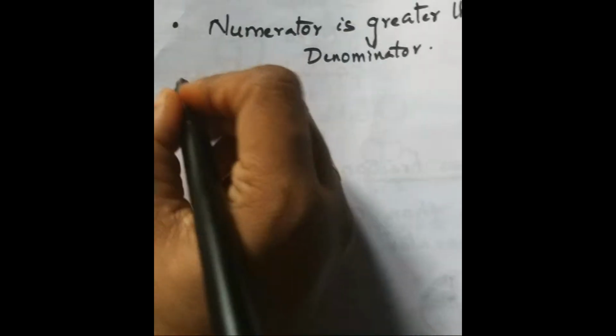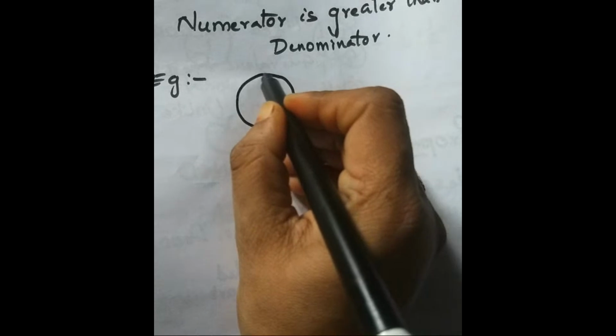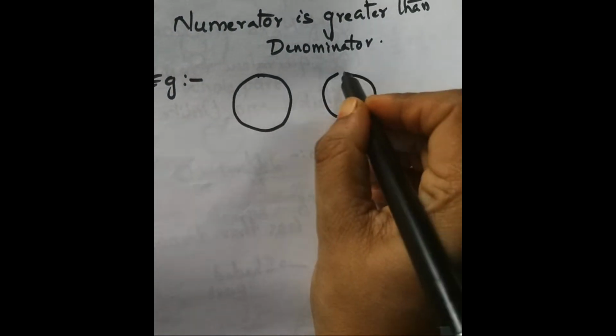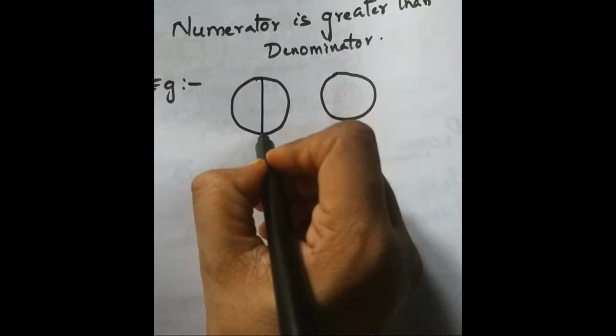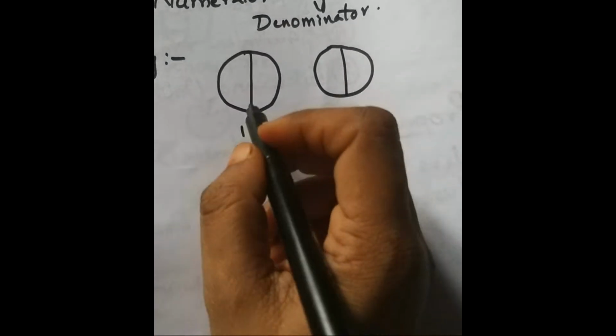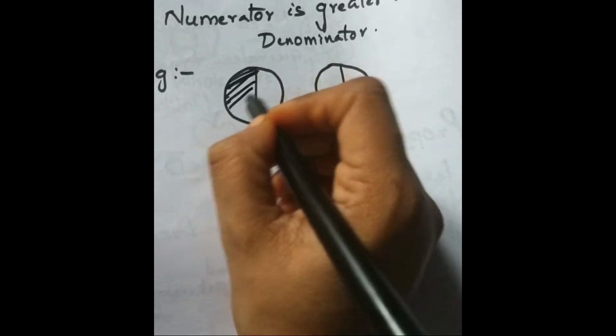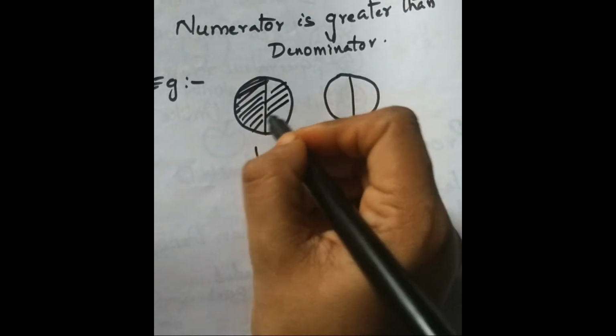For example, see here children, we are taking one circle and another circle. So we have two whole circles, 1 and 2, out of which three equal parts I am shading, like this.